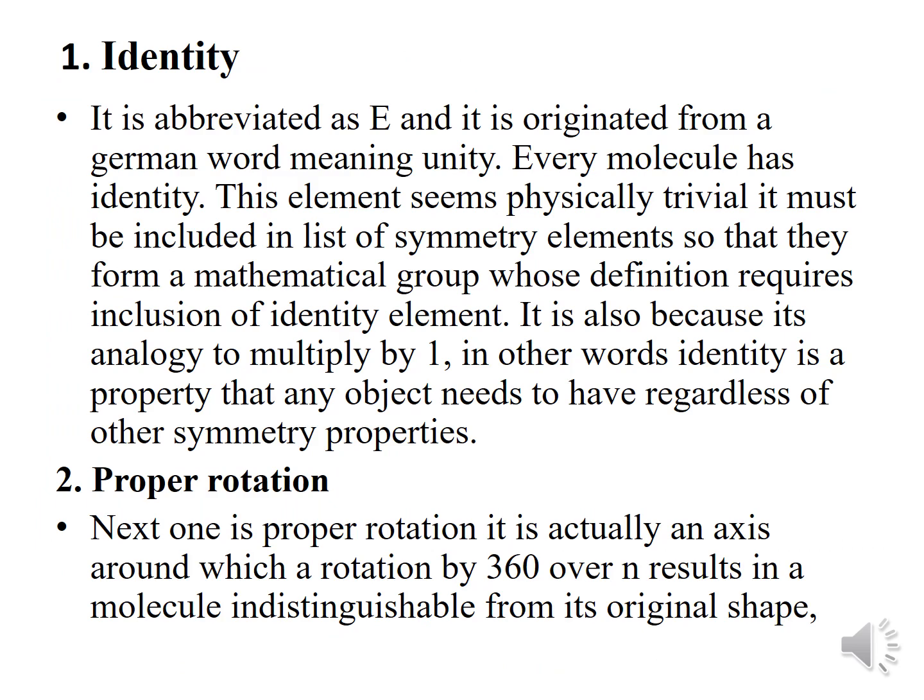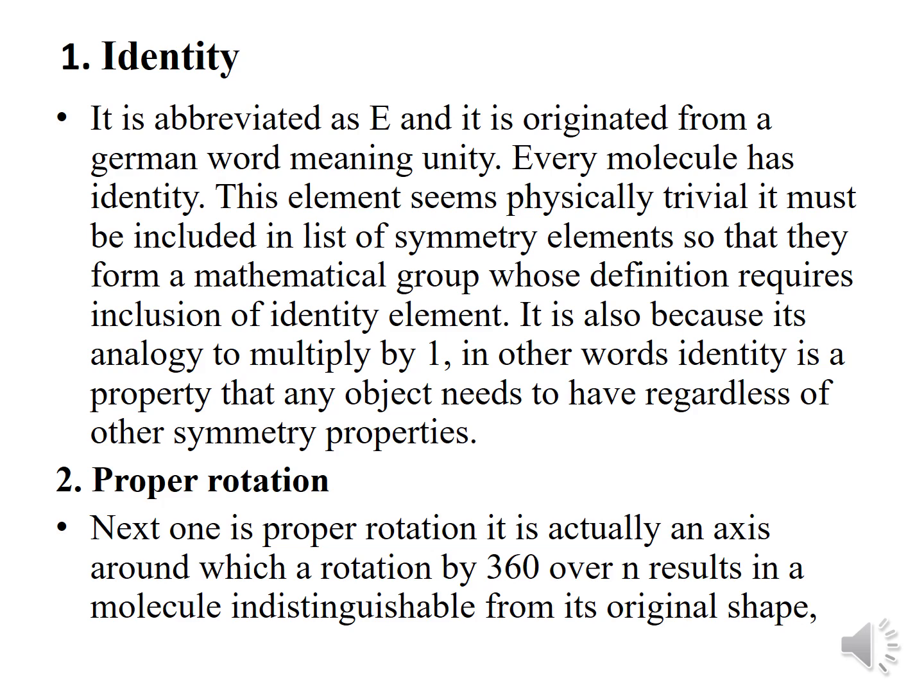First one is identity. It is abbreviated as E and it originated from a German word meaning unity. Every molecule has identity. This element seems physically trivial.